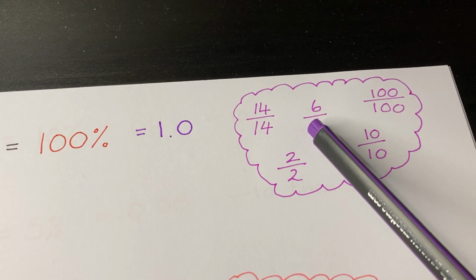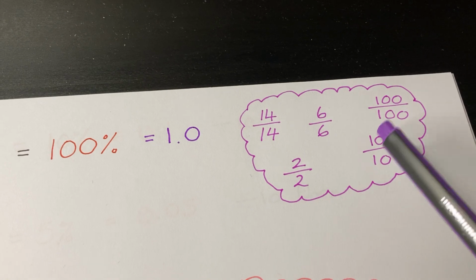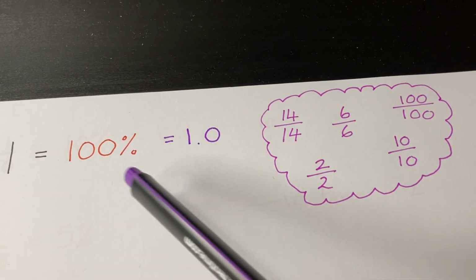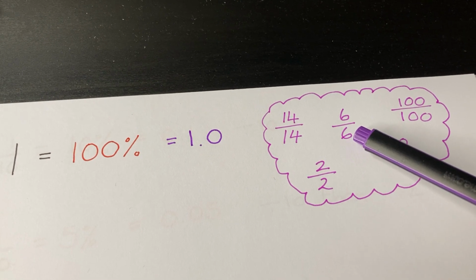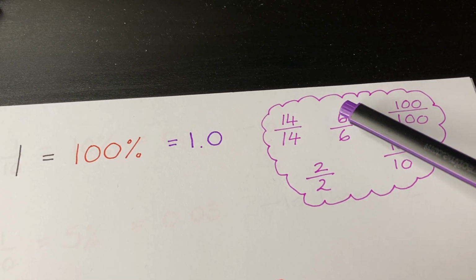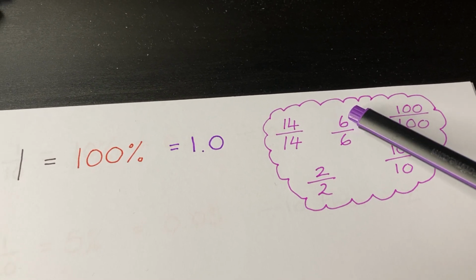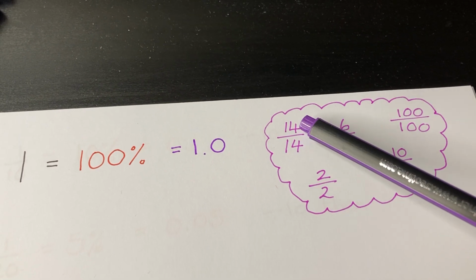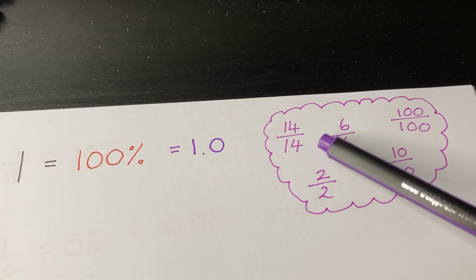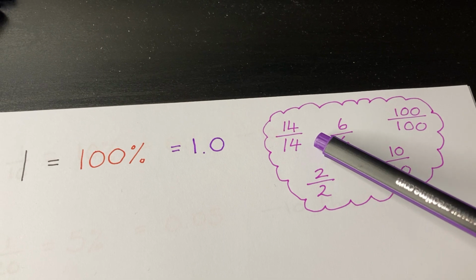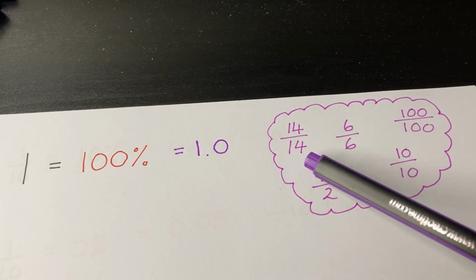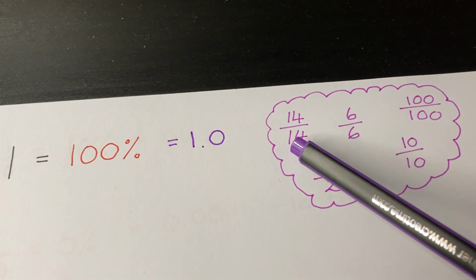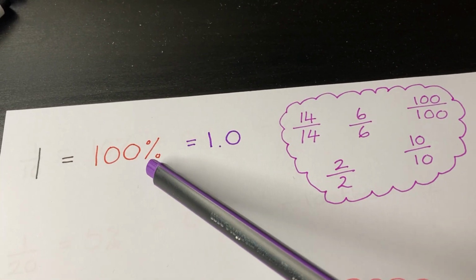If you score 6 out of 6, 100 out of 100, 10 out of 10, it's still the same as 100% because the denominator tells you how many pieces there are, and the numerator tells you how many you've got. So all of these fractions are telling you that you've got all the pieces, all the numbers available. You've got full marks basically. And when you get full marks in anything, that's 100%.